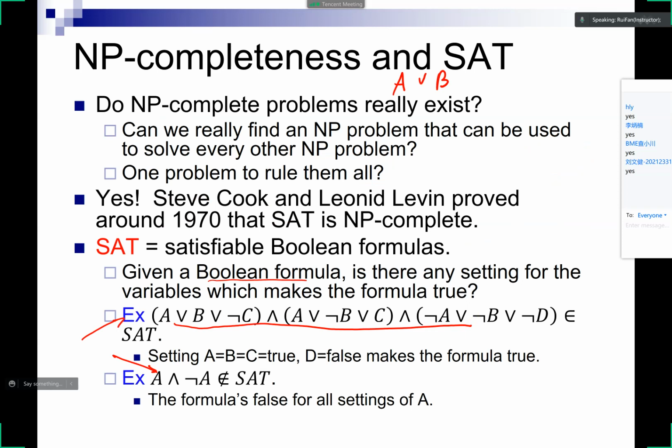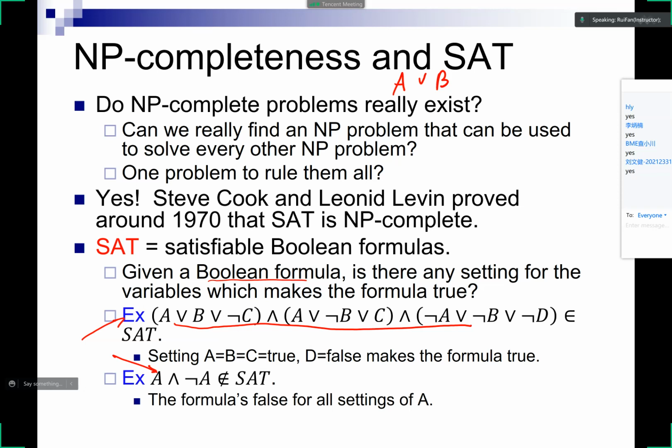If you think about your computer, it's operating on bits, on zeros and ones, which are like true and false. And all the computation that your computer does, you can actually capture using a very, very complicated SAT formula.